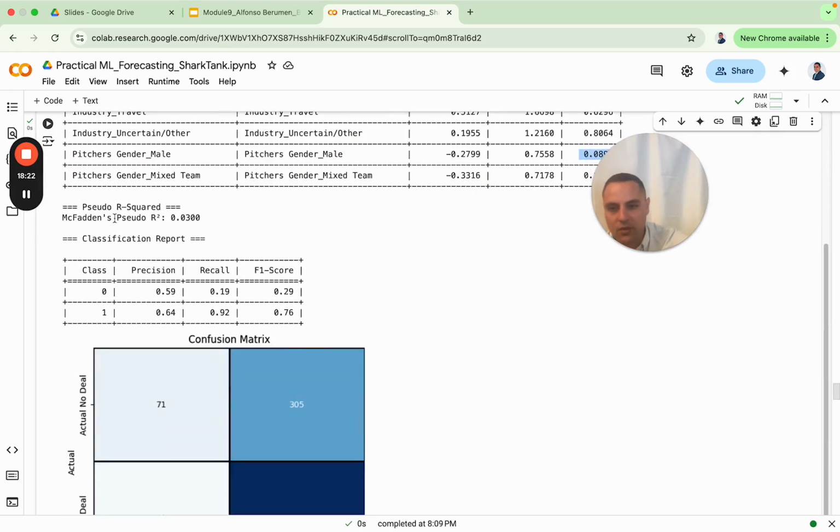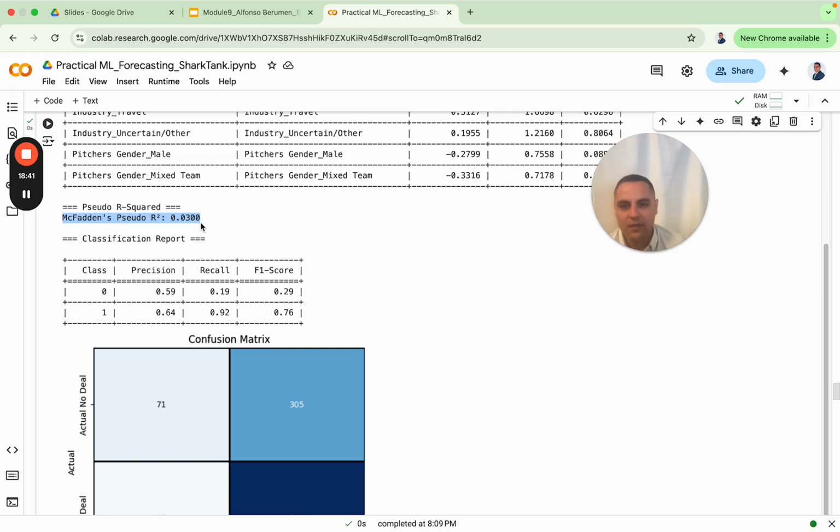We have a pseudo R squared. The pseudo R squared is very similar in terms of interpretation to the R squared in regression. In this case, the model explains only about 3%, sorry, 0.03, right?